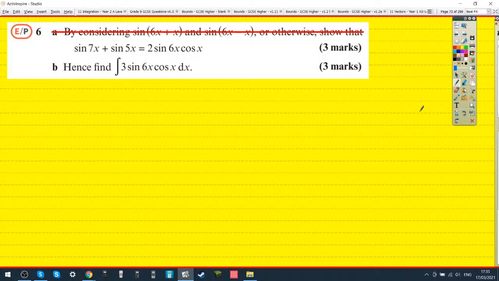Alright. How about this? So the integral of sine 7x plus sine 5x will be minus cos 7x minus cos 5x.